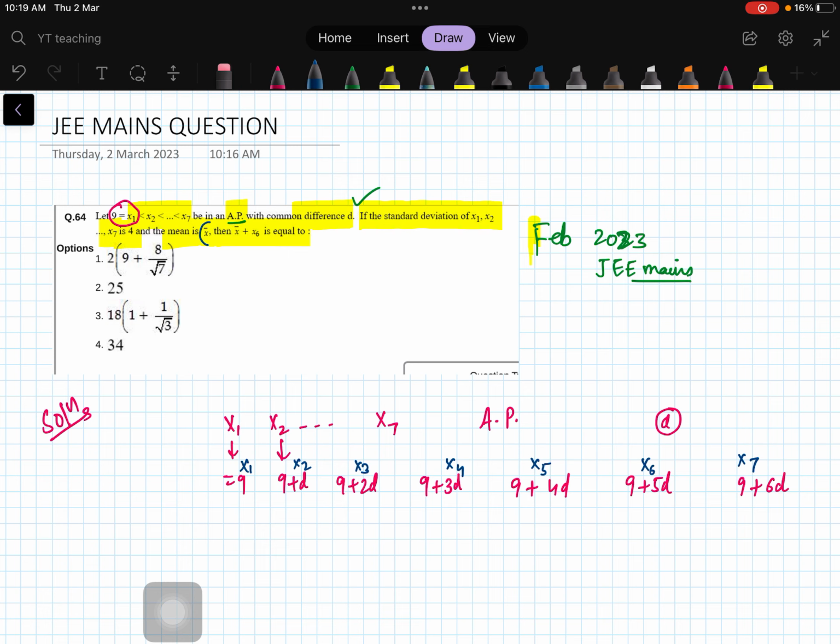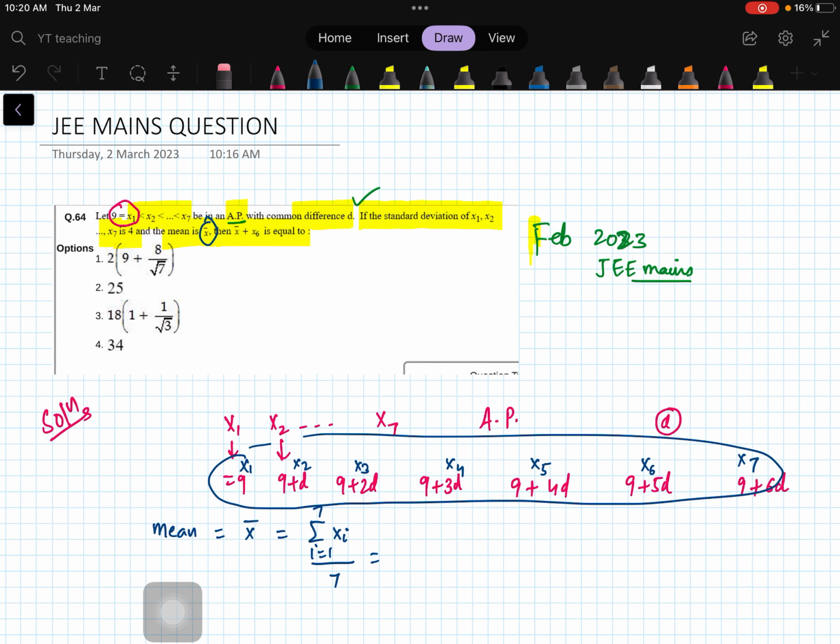Now they are saying that mean is x bar. So I know mean is the sum of the terms, that is x1 to x7, divided by the number of terms, which is 7. So I know the sum of an arithmetic progression. What is the formula? That is n by 2 times 2a, where a is your first term, plus (n minus 1) times d.